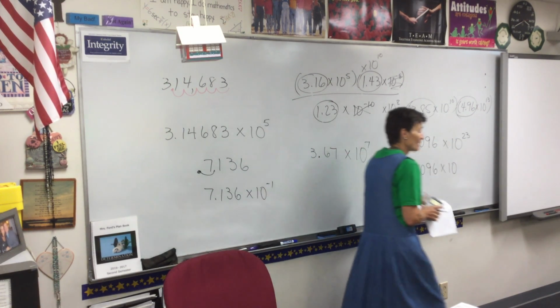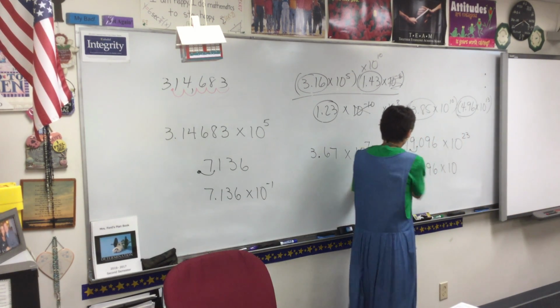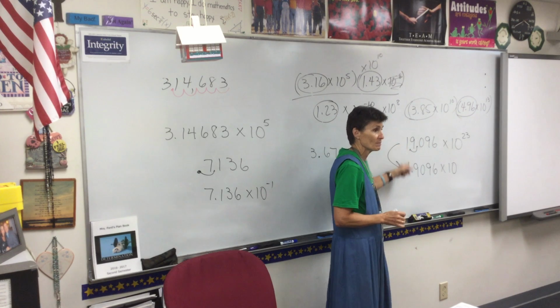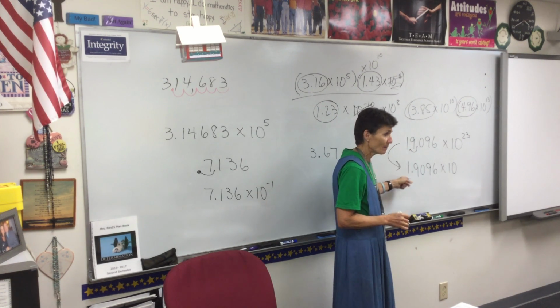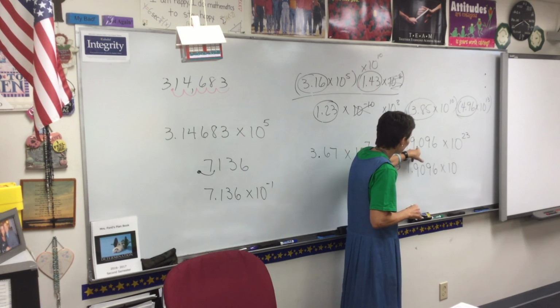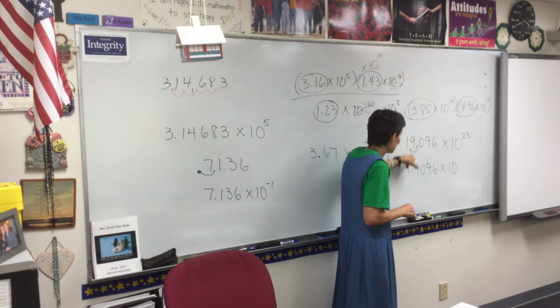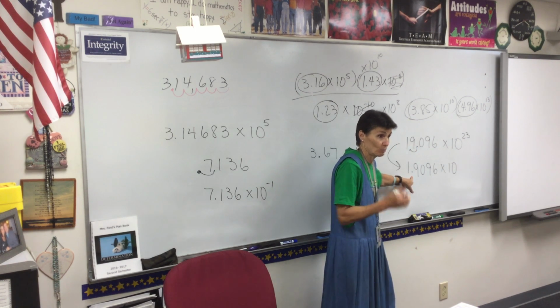Here's what I want you to think about. Just stop and think for a second. Whatever I do here, these are supposed to be the same number, right? I'm just rewriting it in better form. I went from 19 to 1.9. So I made this part of the number smaller. Would you agree?